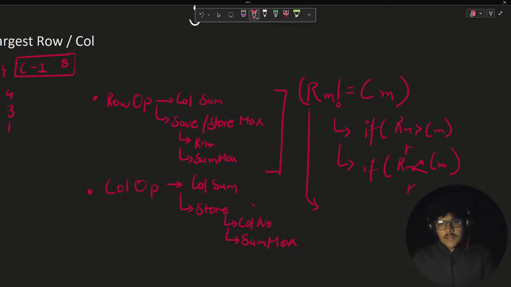If R is not equal to Cm, it means Rm is equal, we don't have to write this, we just come out and return Rm. Simple.